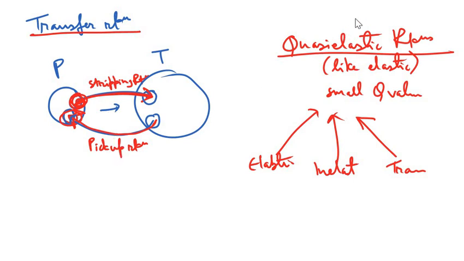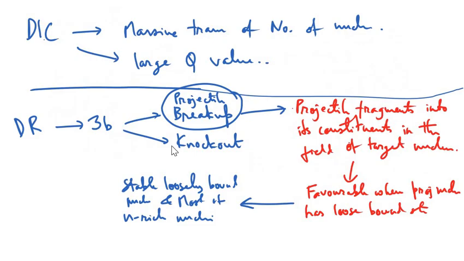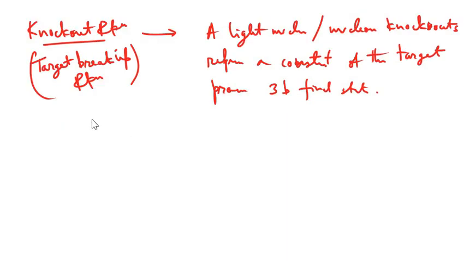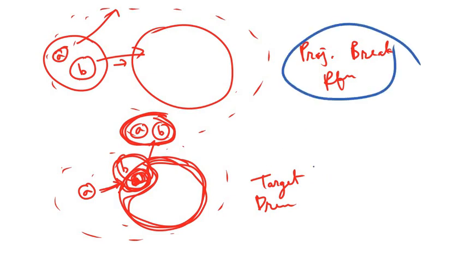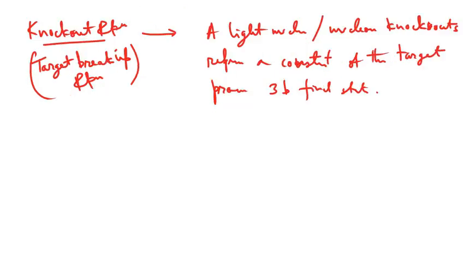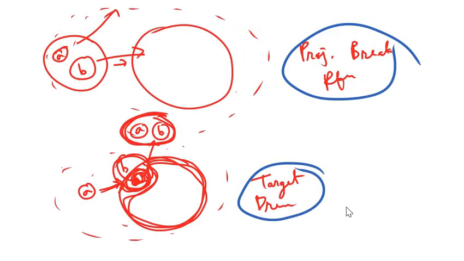And in the case of transfer reaction, before we talked about both stripping and pickup reactions. Then we talked about quasi-elastic reactions, right? Next we talked about projectile breakup and target breakup reactions. Here we talked about both of them, projectile breakup reaction and also target breakup reaction. This target breakup reaction is also known as knockout reaction.